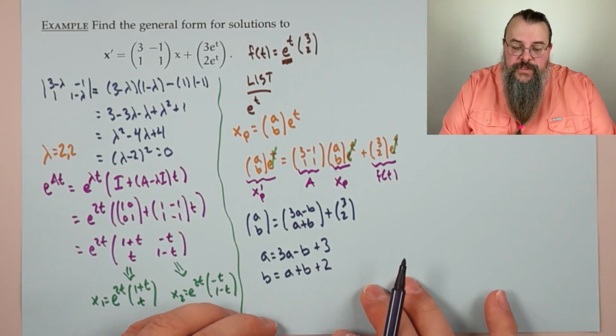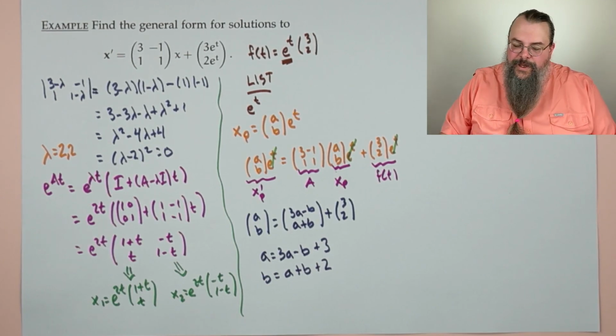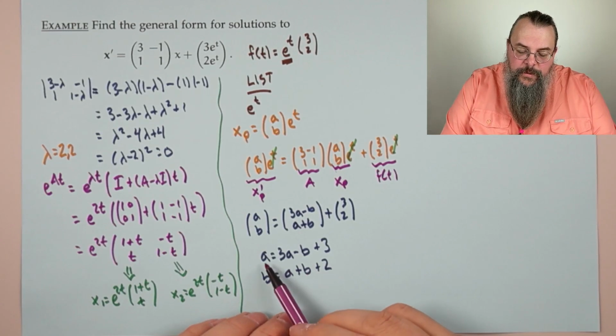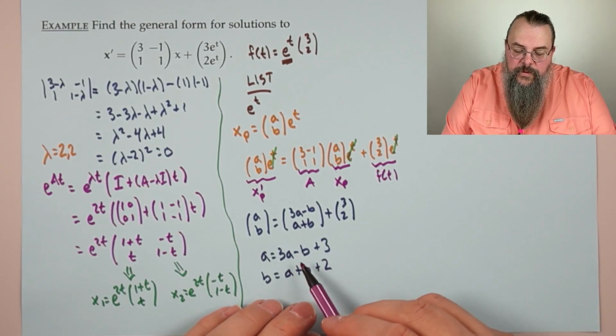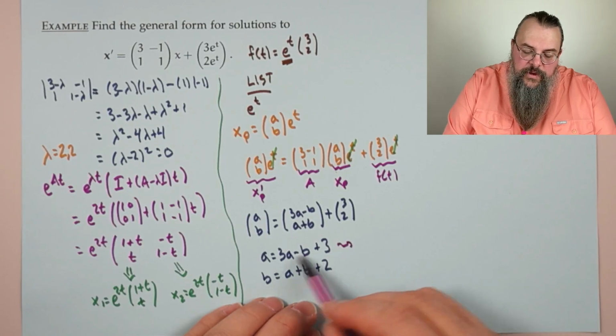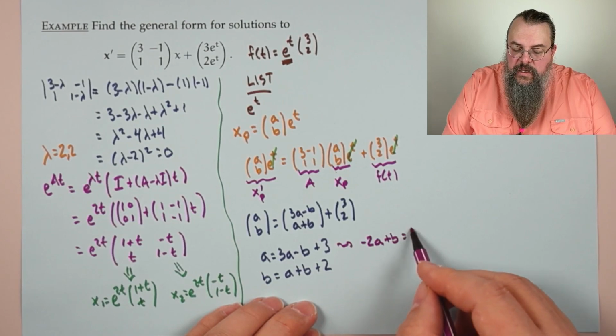Now, one of these equations is pretty easy to solve because, well, when you rearrange, what do we have? We can move things around. So, for instance, this equation, it tells us if we move the 3a minus b across, minus 2a plus b equals 3.